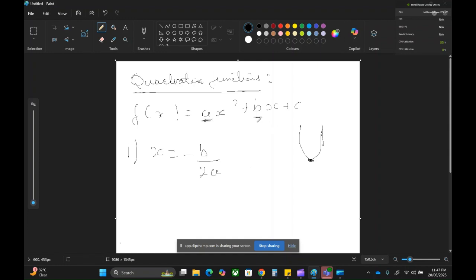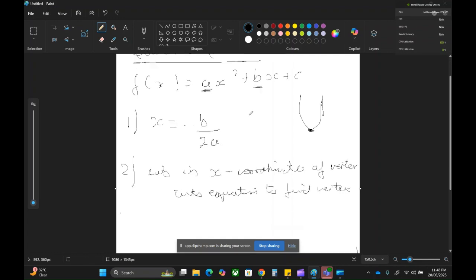And that gives you your x value for your vertex. And then with that x value, you sub the x coordinate of the vertex into the equation to find the vertex. Yes. So you get your x and y point over there.